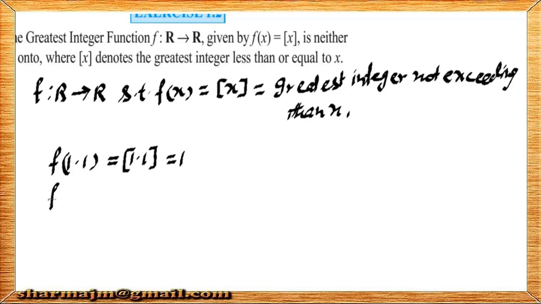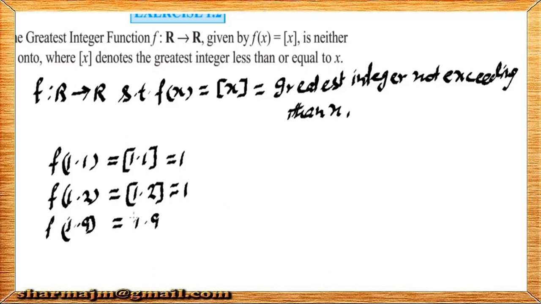Similarly if you have 1.2 here, so f of 1.2 will be this, that is also 1. Similarly you can have f of 1.9, then again it will be the greatest integer not exceeding 1.9, which is 1.